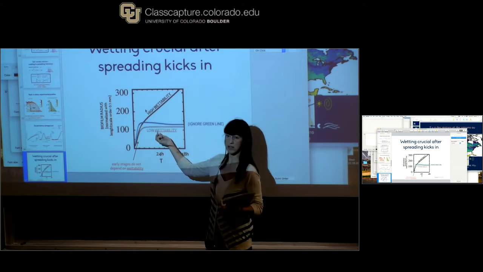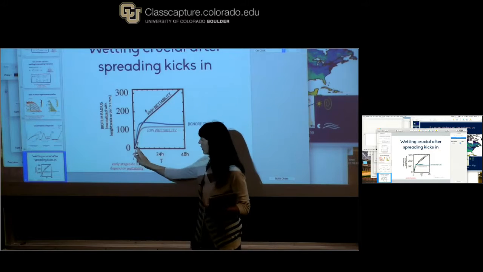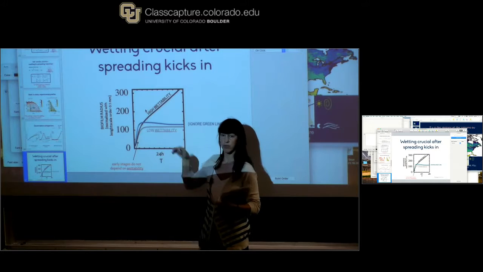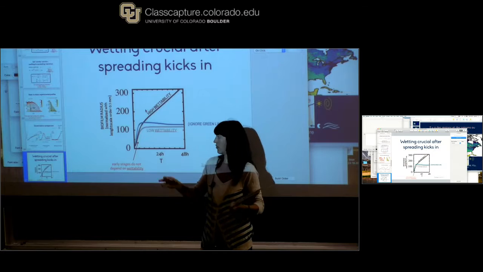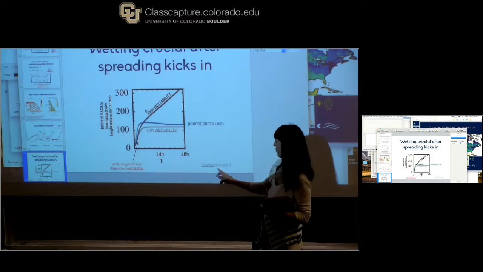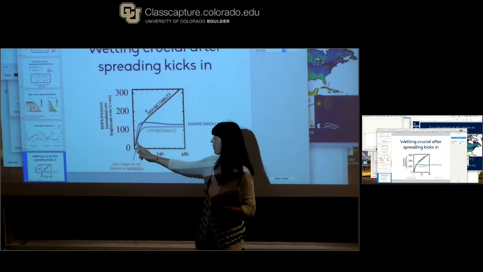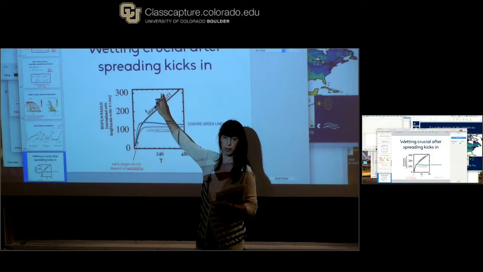When wettability is low, the radius of the biofilm will initially increase anyways, but then will level off. So the biofilm doesn't spread anymore. It stops. This is the result of this paper. At high wettability, you see that there is the initial spreading, and then it keeps going.